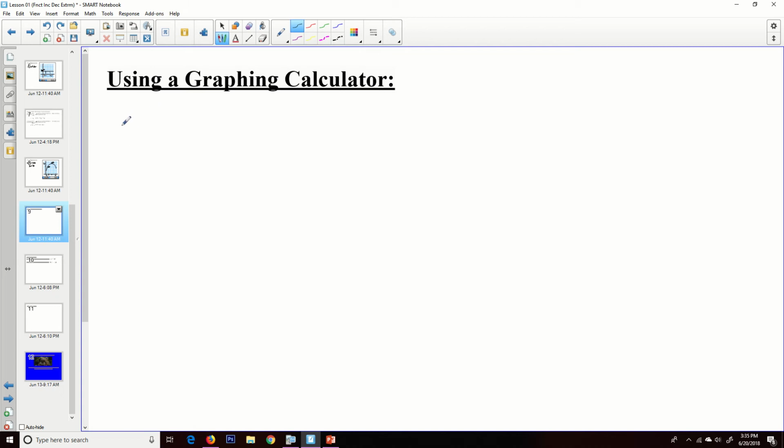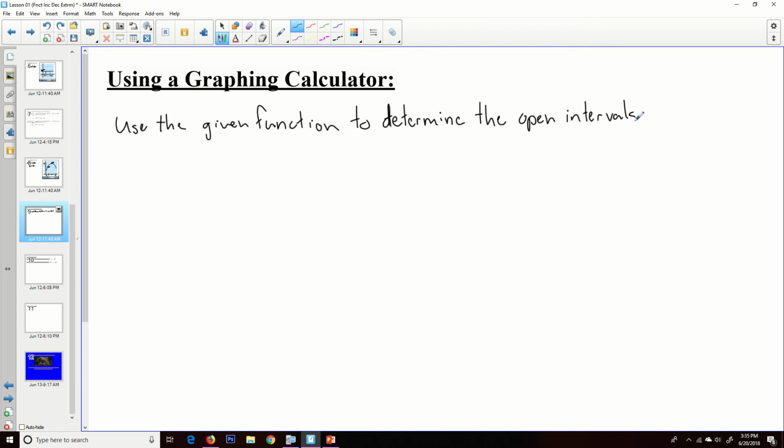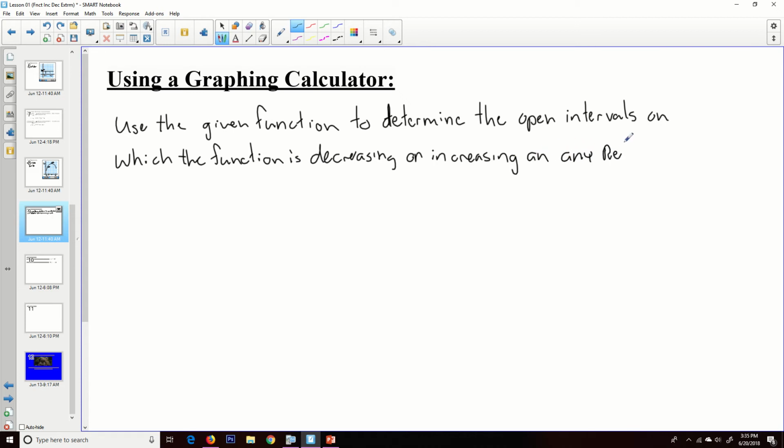A question will be phrased like this: use the given function to determine the open intervals on which the function is decreasing or increasing, and any relative extrema.